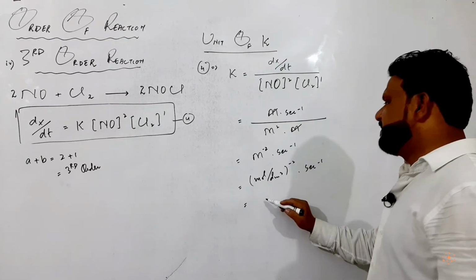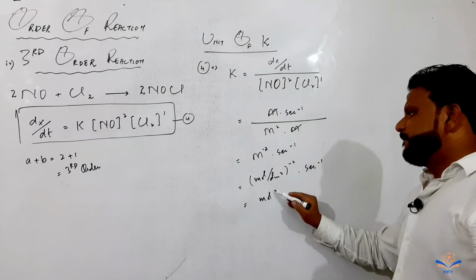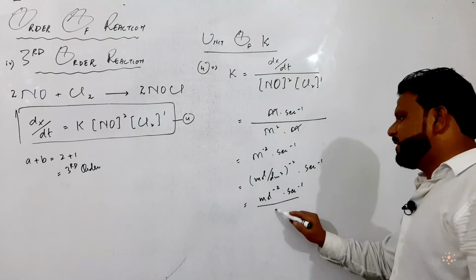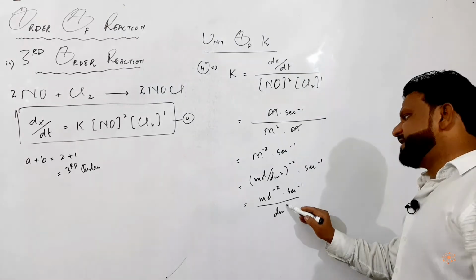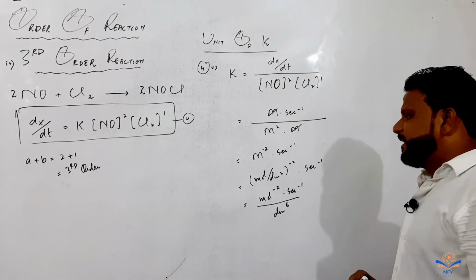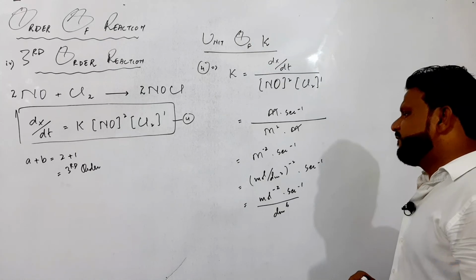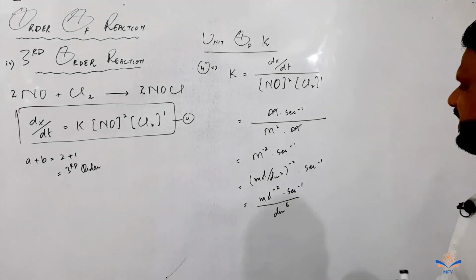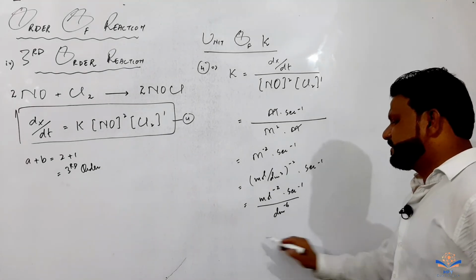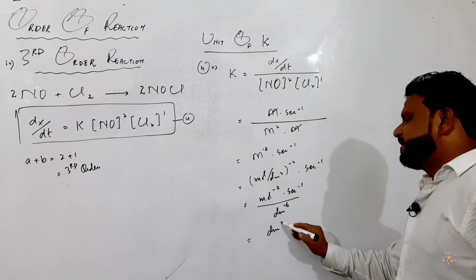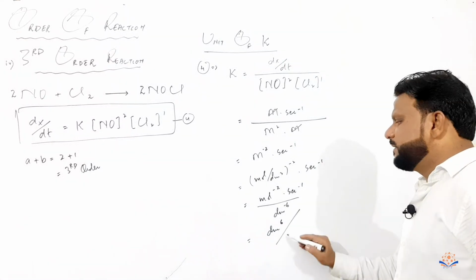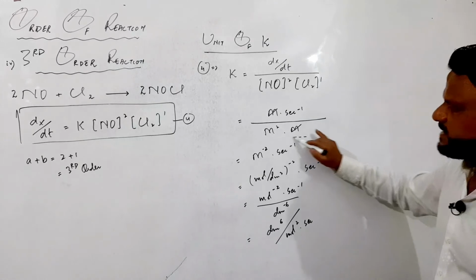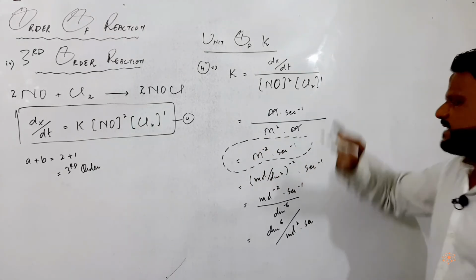It means that it will become mole minus 2 second inverse over dm 6, so dm6 goes up: dm6 over mole square and second. We can write this unit as molar square inverse and second inverse.